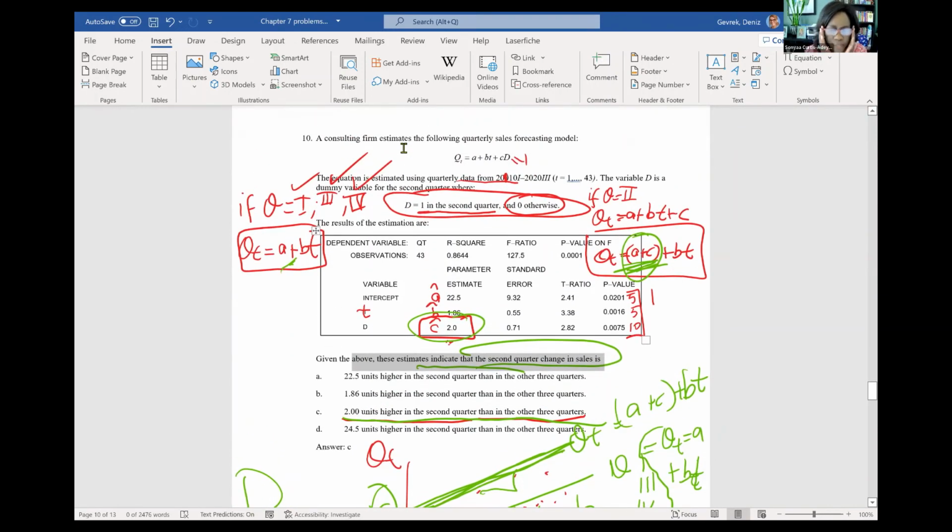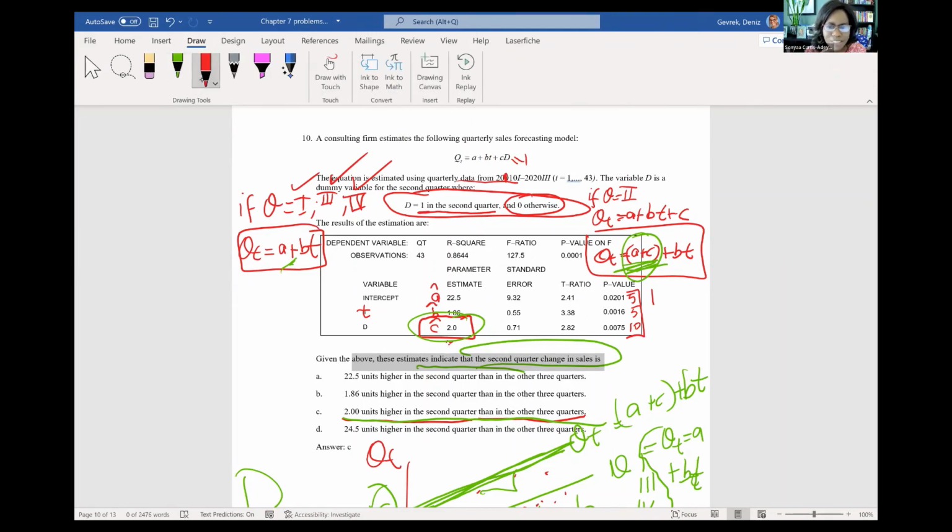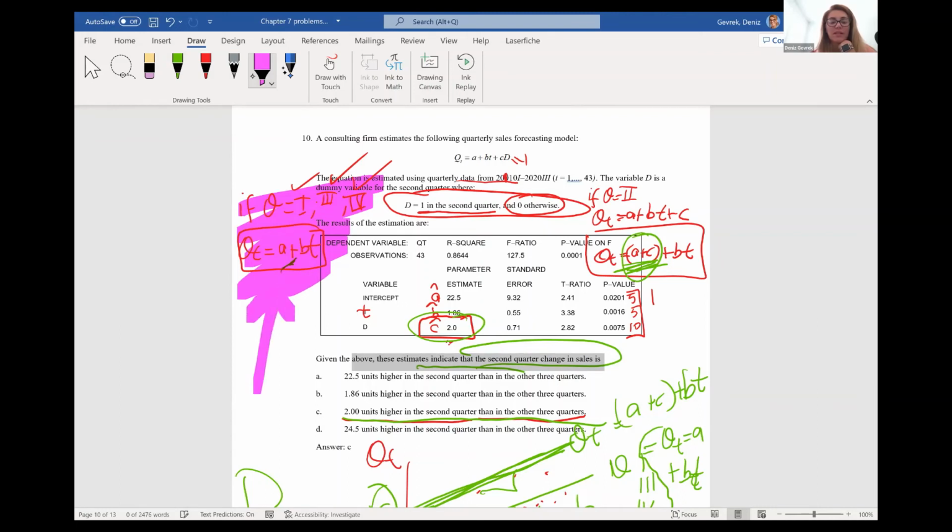I guess what I was remembering from the YouTube videos is how the D, in several problems with dummy variables, was canceling out and becoming zeros, and I was trying to draw that correlation with the D being 2 and that being the answer. So here, the dummy never cancels, but for the first, third, and fourth quarters, it takes on the value 0.